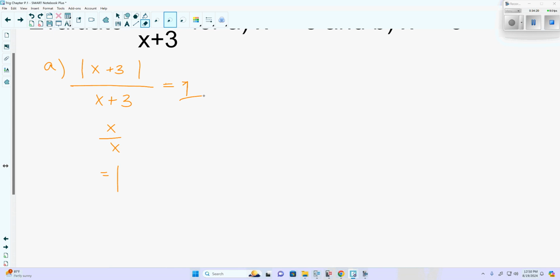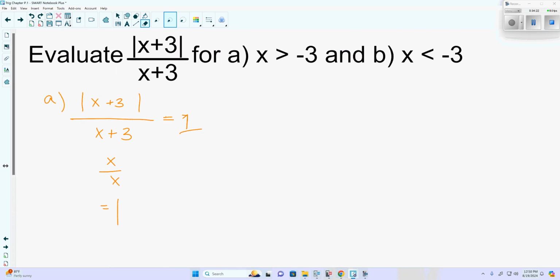What do we think will happen if x is less than negative 3? Because if we do that, we can just pick a case, a negative 4.